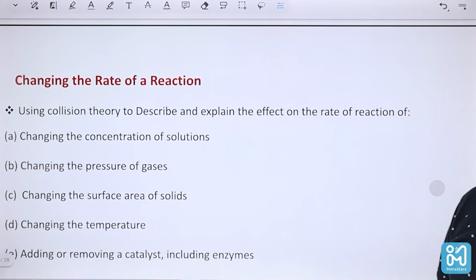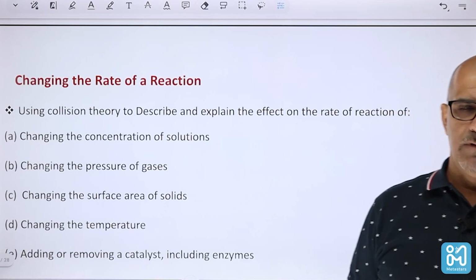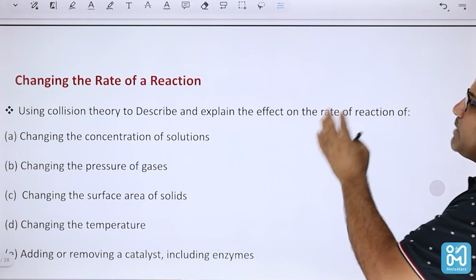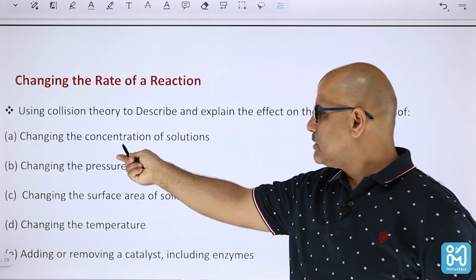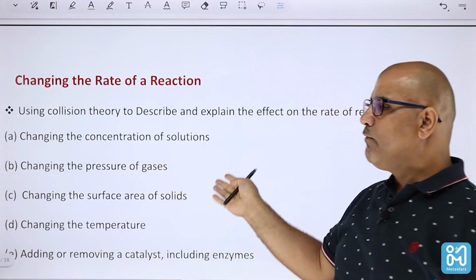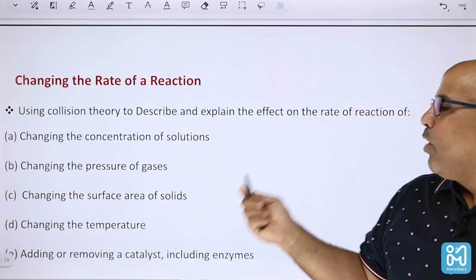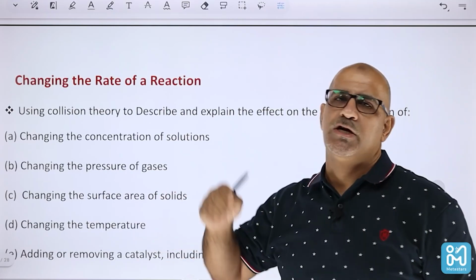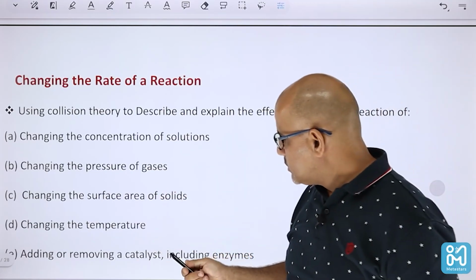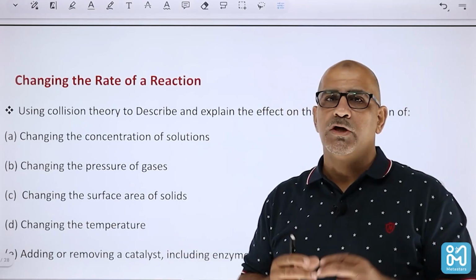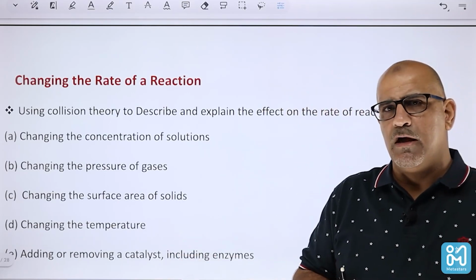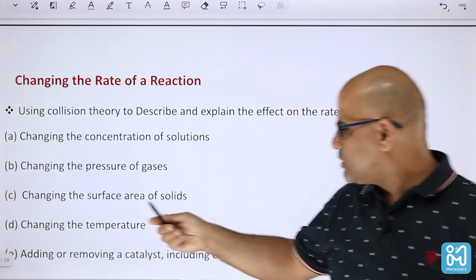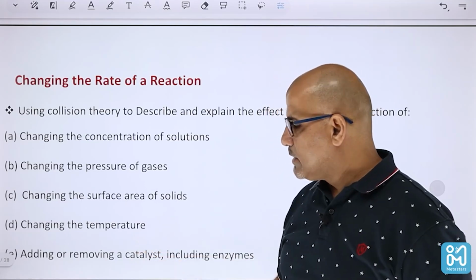How can we change the rate of the chemical reaction? The rate can be changed by changing the concentration of the reactants, or by changing the pressure of the gases. You can also decrease or increase the surface area of the particles, and we can also change the rate by another factor, which is the temperature.